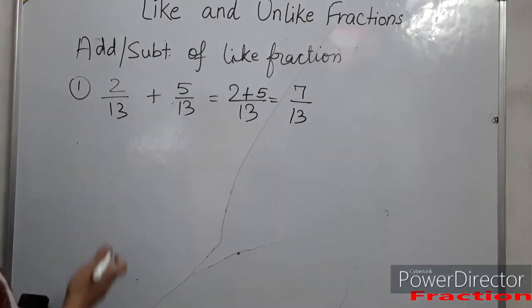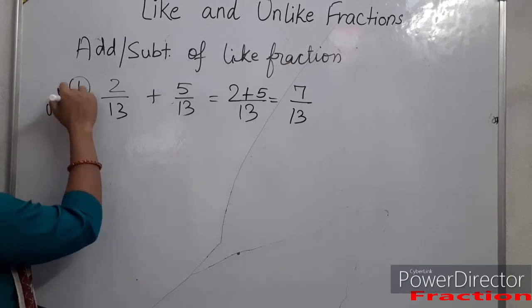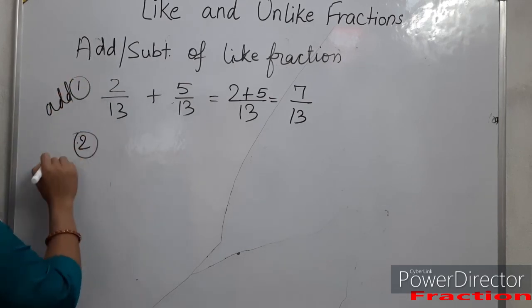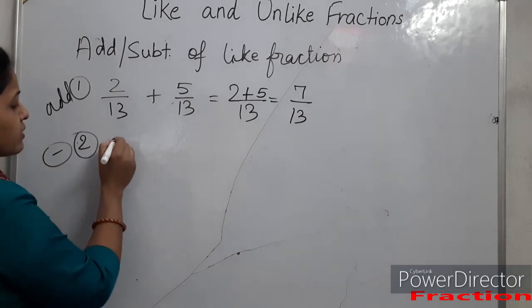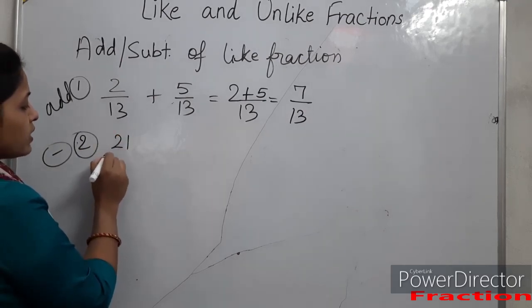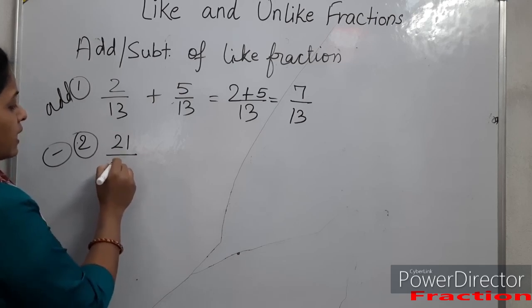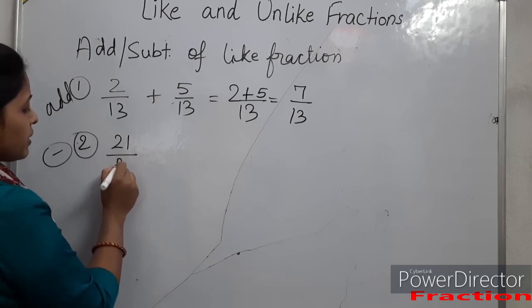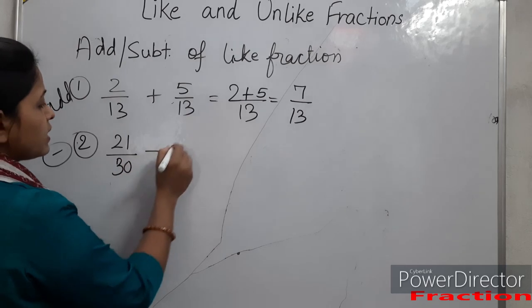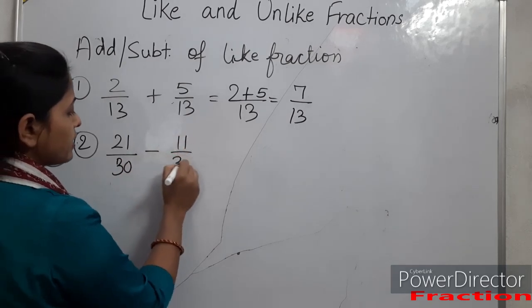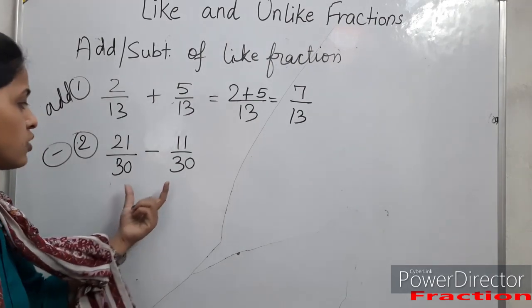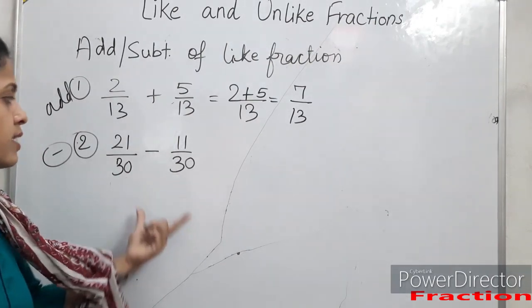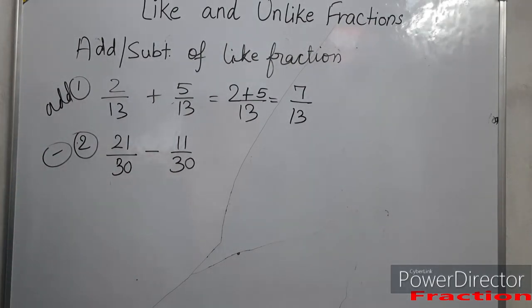So simple. This is the case of addition, and in the case of subtraction we can take an example like 21 by 30 minus 11 by 30. Here again this is a like fraction because the denominators are the same.